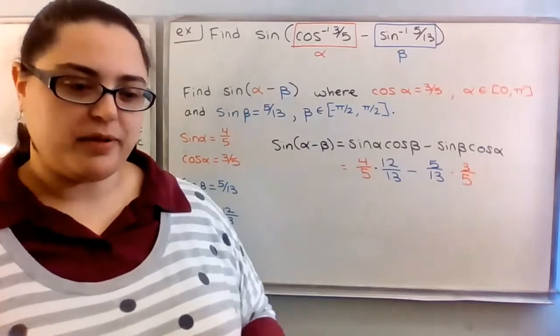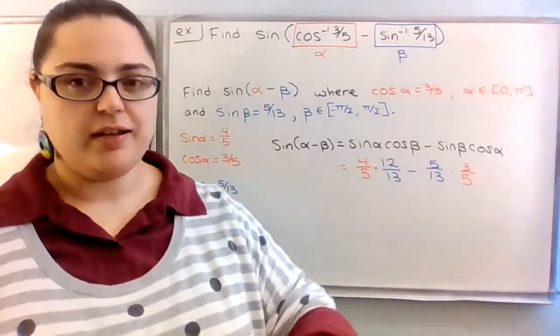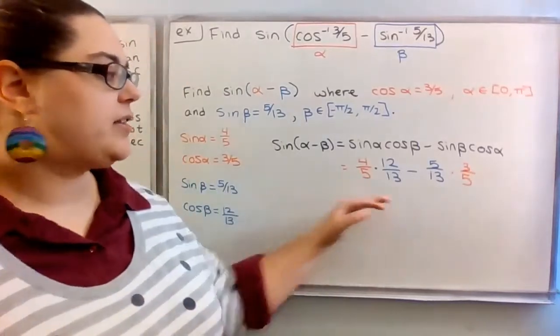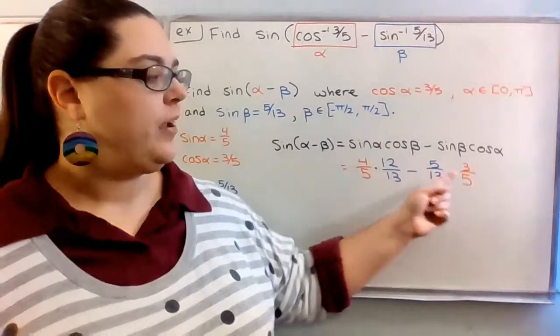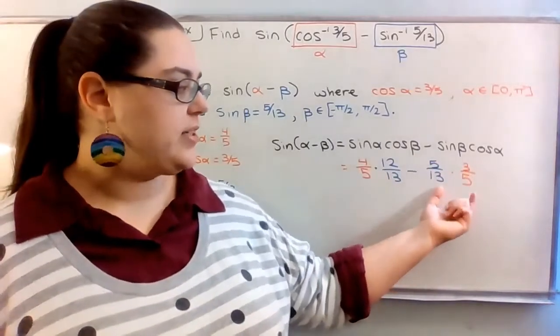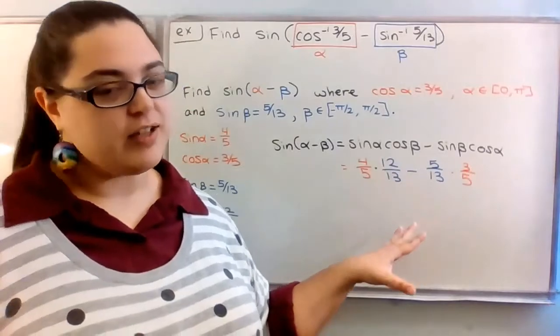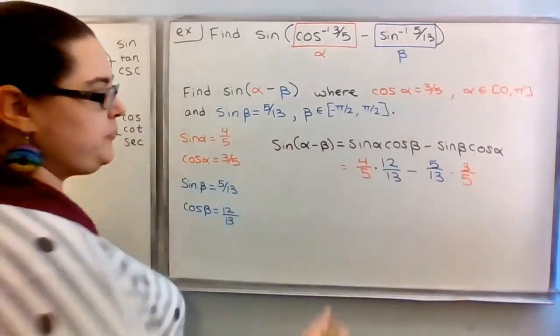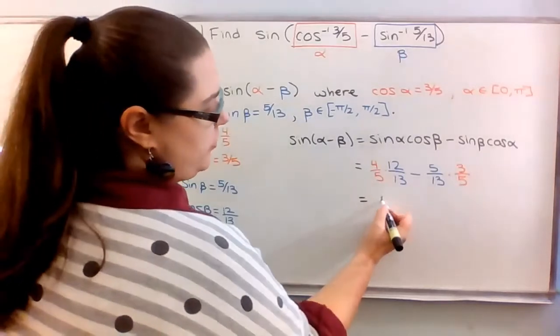Now, when I multiply these together, I'm going to avoid the temptation to simplify as I multiply, because I'm going to need to subtract these two. So for instance, even though these two 5s can cancel, I don't want them to, because I need the denominator here to be the same as the denominator here. So I'm going to leave it unsimplified till the very end. So for this first fraction, 4 times 12 is 48.